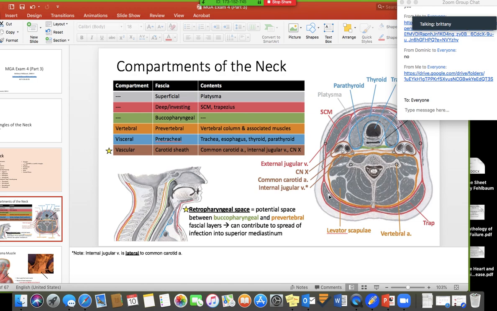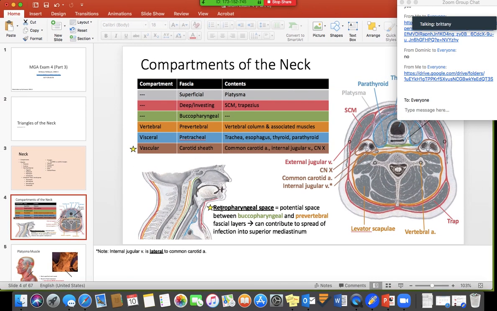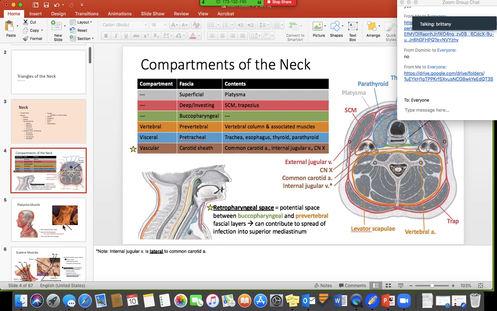So if you're going to be asked something about one of these layers, it's going to be this point right here. And then, of course, I would definitely recommend knowing the contents of the carotid sheath: the common carotid artery, the internal jugular vein, and your vagus nerve. So 2 points here that are very important.